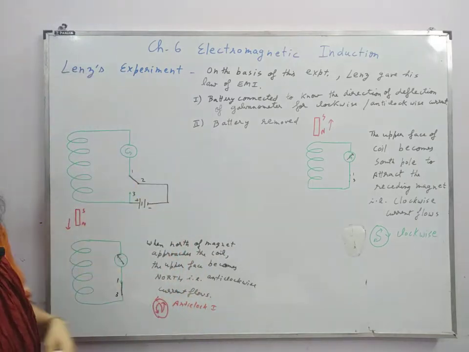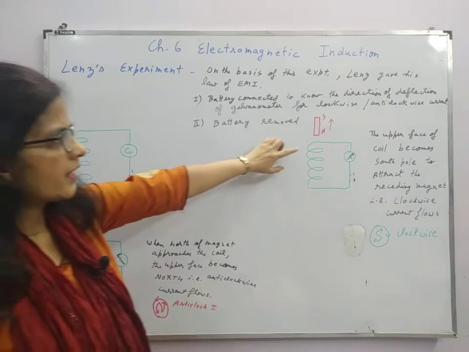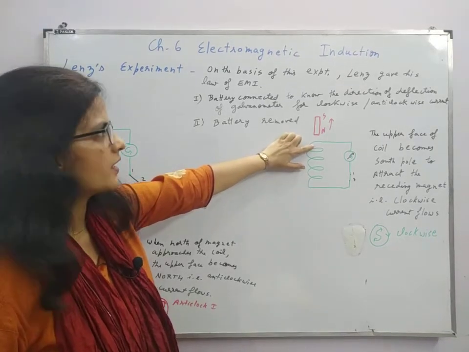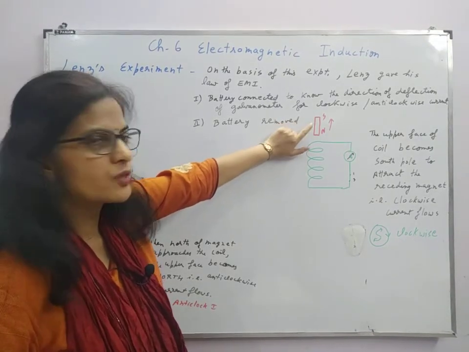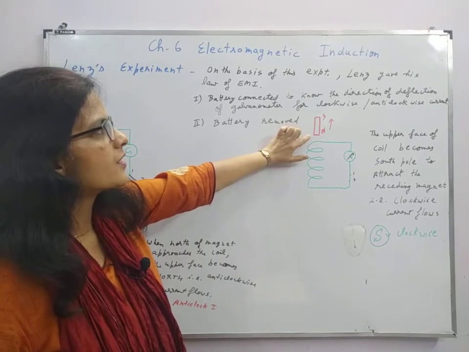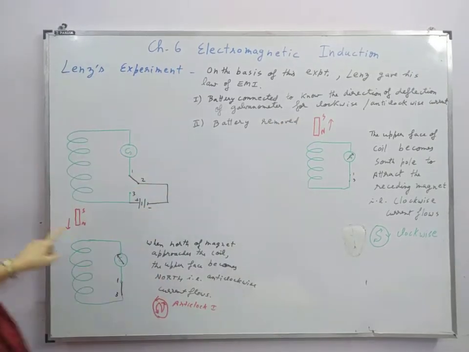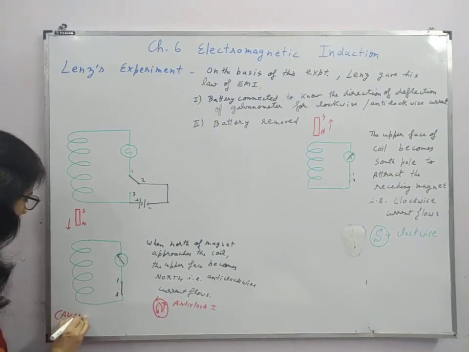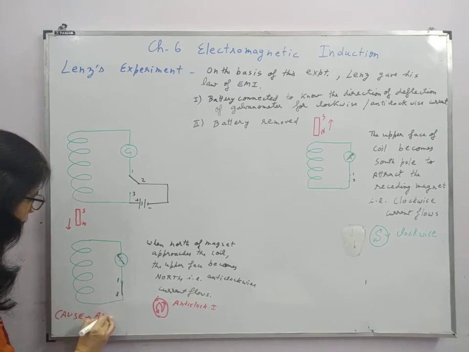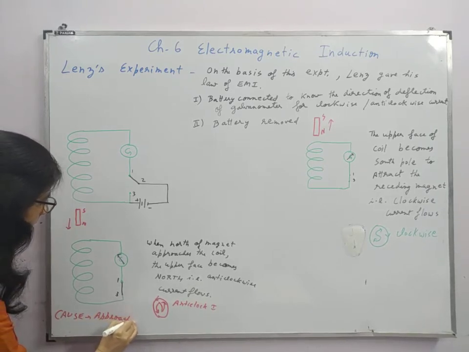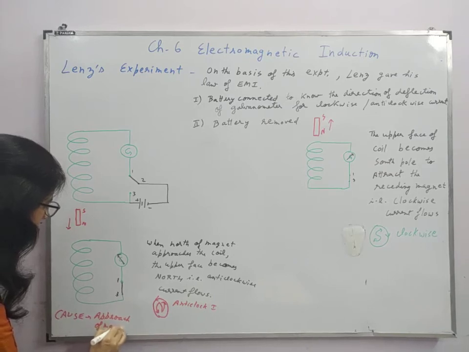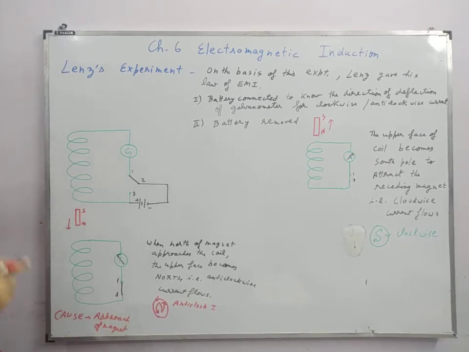From here, on the basis of these observations, it is clear that the direction of the current in the coil is such that it opposes the cause which produces it. Here the cause is the approach of the magnet, so it will oppose the approach.